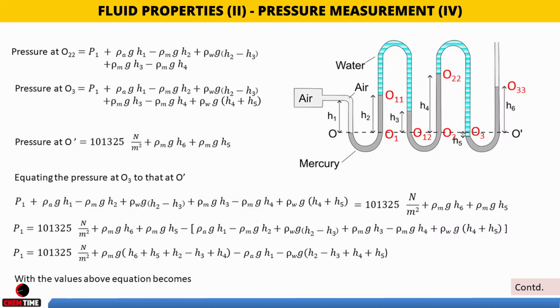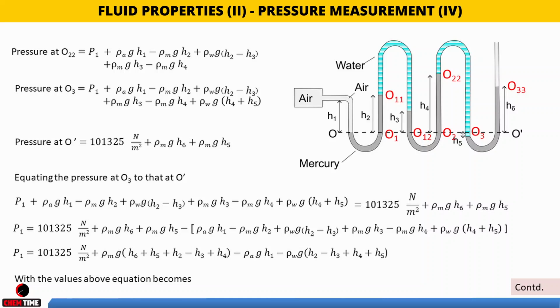The pressure at O3 is calculated as P1 plus rho A G H1 minus rho M G H2 plus rho W G (H2 minus H3) plus rho M G H3 minus rho M G H4, that is the contribution of mercury, plus (H4 plus H5) rho A g.